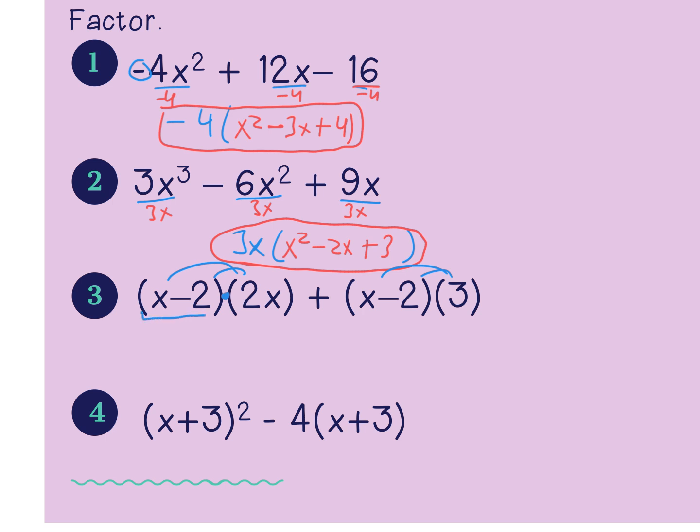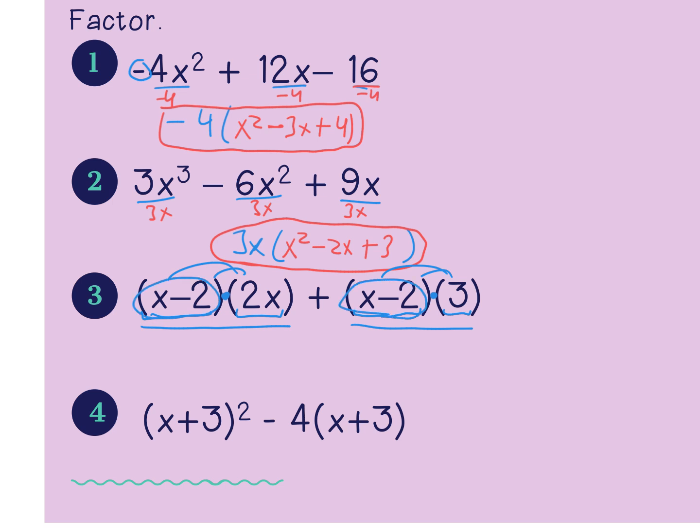So that means this x minus 2 is a factor, and this 2x is a factor. And then same exact thing here. This x minus 2 is a factor, and this 3 is a factor. They're being multiplied with each other. So now if you're looking at these 2 terms, right, so this one and this one, the factor that they share in common is this x minus 2.